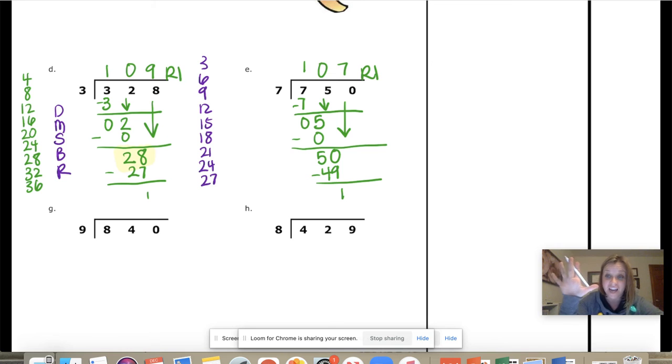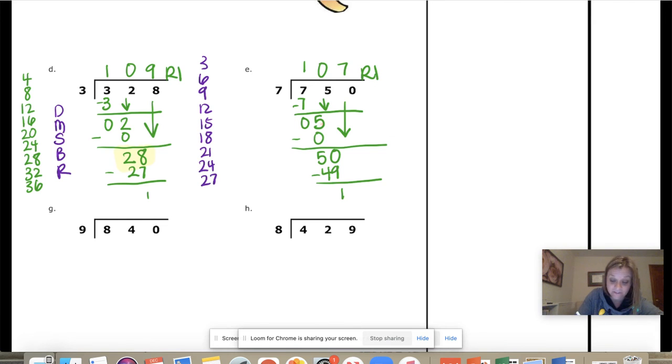If we have 5, can we take a group of 7 out of 5? We can't. So I'm going to put a 0 here. Because if I have 5, I cannot divide 5 by 7. 0 goes here. 7 times 0 is 0.